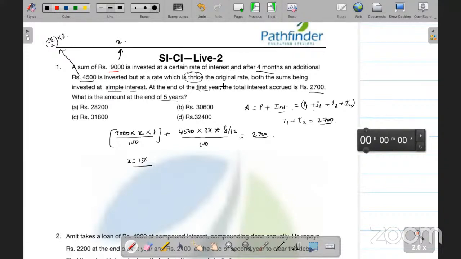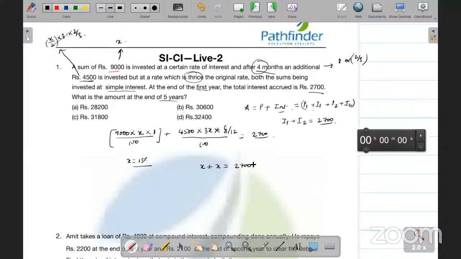But there is one more issue here. What? That the second sum is invested after 4 months. So therefore, the second sum is there only for 8 months or 2/3 of a year. So the interest accrued will be 2 by 3. So you can very well see that the interest accrued on both the sums will be X only.